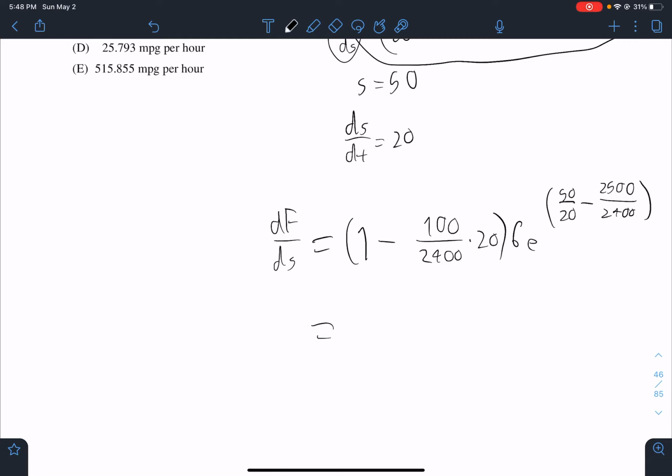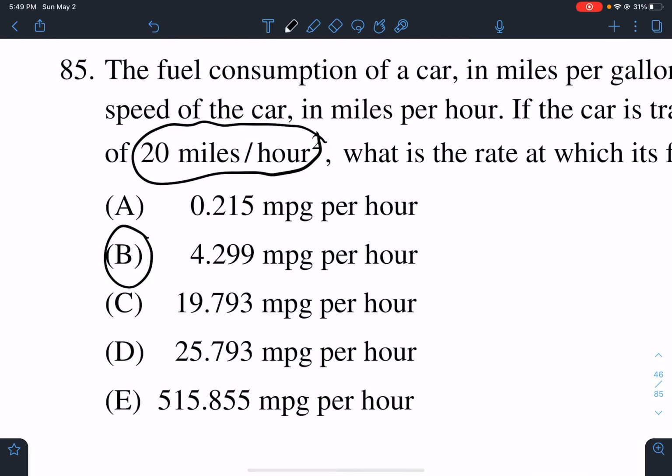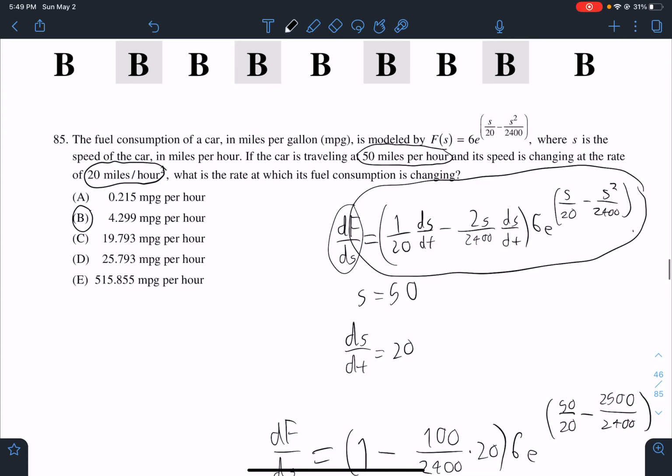And so our final answer is going to be approximately 4.299. And hopefully that's an answer. Yes, it is. It's answer B. So hopefully that kind of made sense. That's a related rates problem.